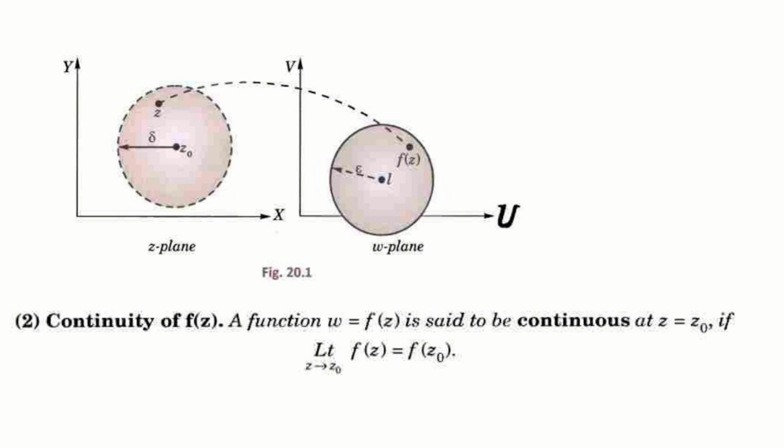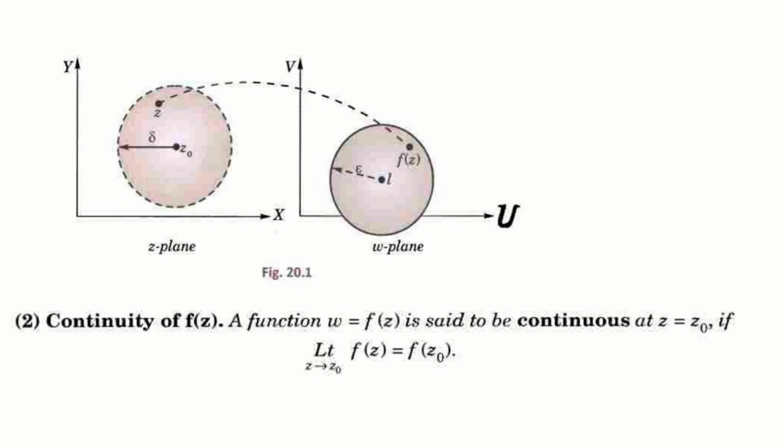Then that would depend on the way in which I am approaching the point z naught. And when you see the omega plane, you have epsilon, which is a very small positive number, and you have L, which is the point to which the function f of z would be approaching. So the thing is still the same.